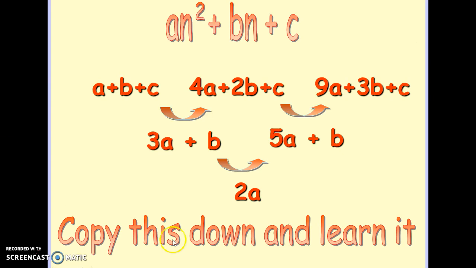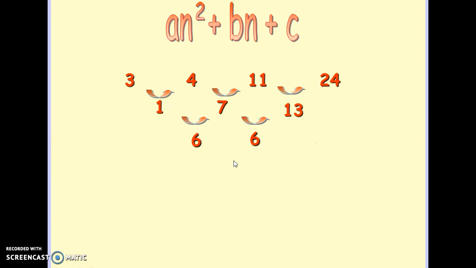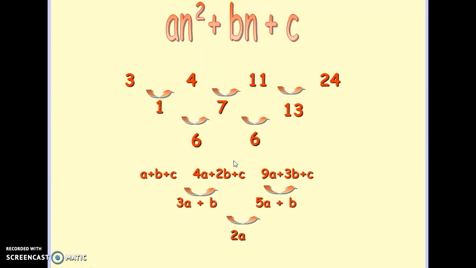Now this whole method that we have done, if I compare it with the question that I had previously, what I can see here is this 2a is equal to 6.